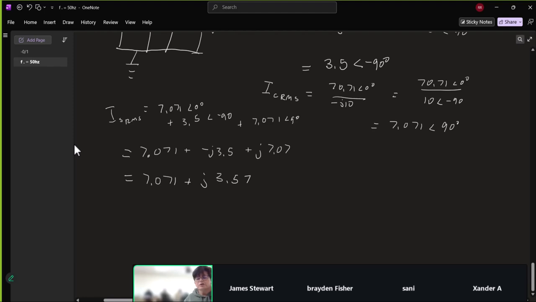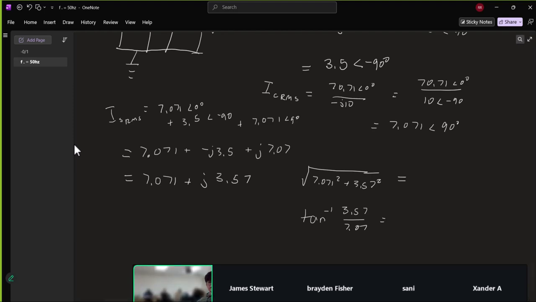And then to get the polar form, I would just use my calculator, but if you want to get the magnitude, it would be the square root of 7.071 squared plus 3.57 squared, and the angle is going to be the inverse tangent of 3.57 over 7.07, and that will be the correct value because these are positive, giving the first quadrant value.